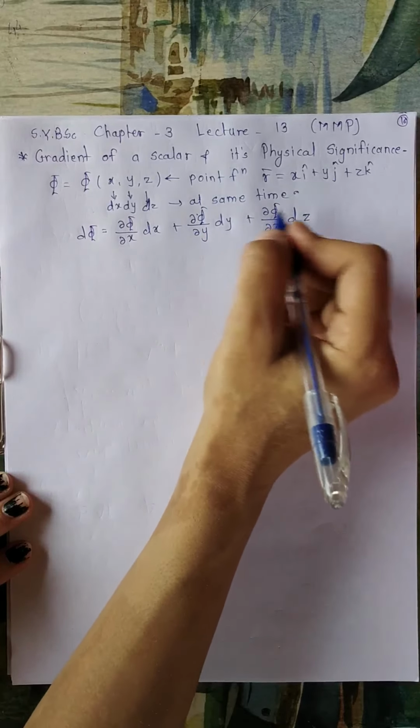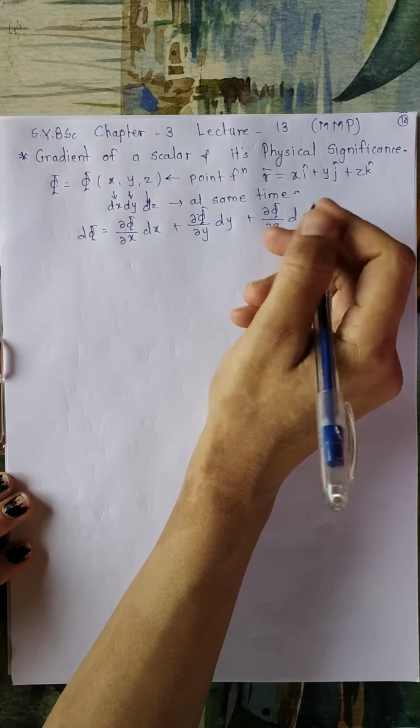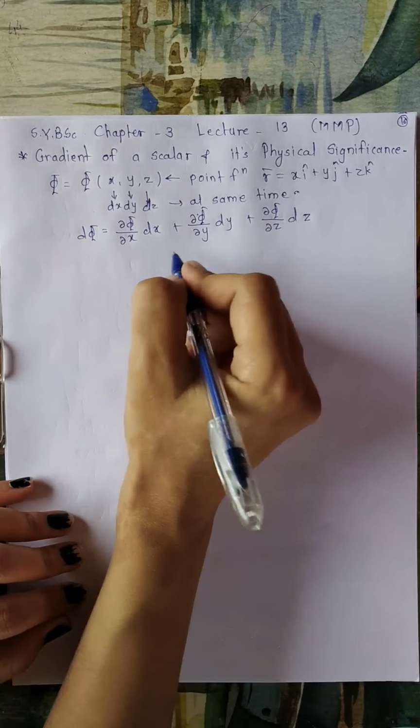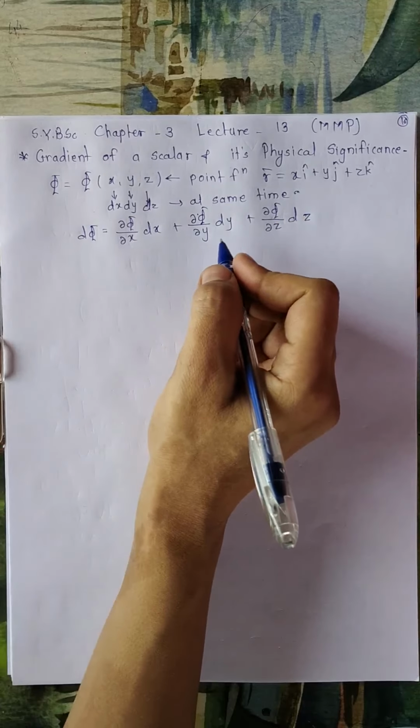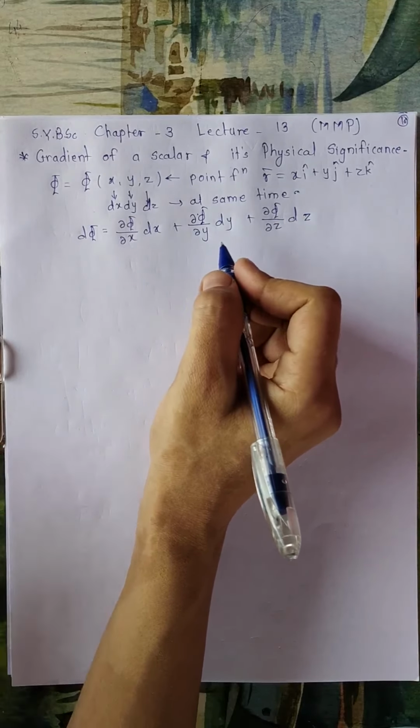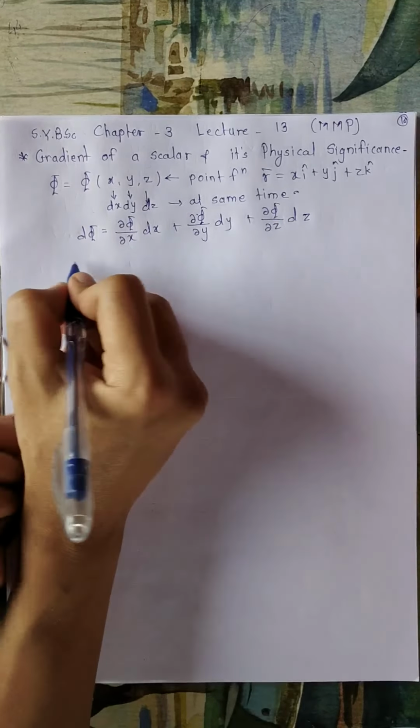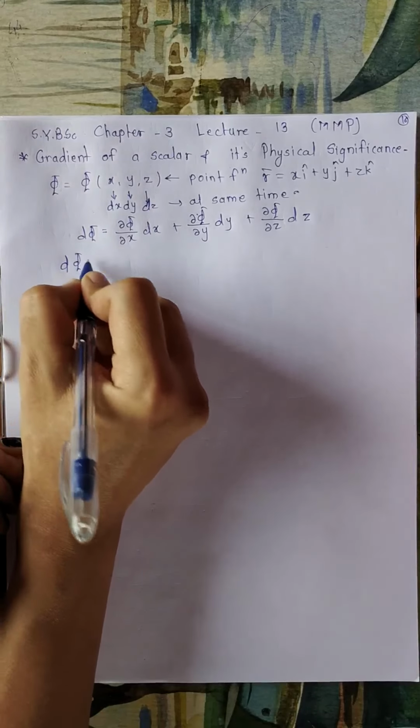This also we have already discussed, and the RHS of this equation can be expressed as a dot product of two vectors.